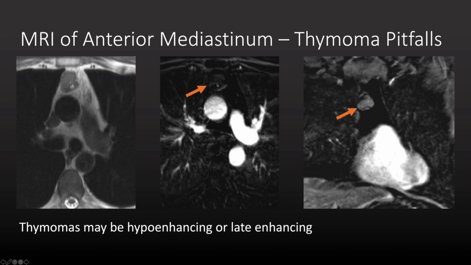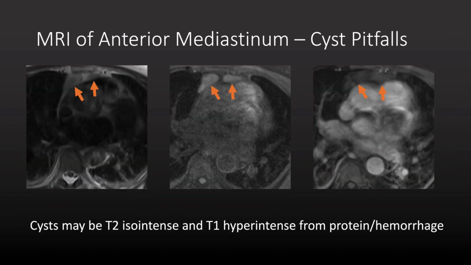There is some signal here. Hard to know if it's misregistration artifact. But on a second coronal post-contrast image, you can see very convincing enhancement in this lesion. And so this was indeed a thymoma. So it's important to do some delayed phase imaging if you're doing MRI for anterior mediastinal masses, just to make sure that they're not enhancing late.